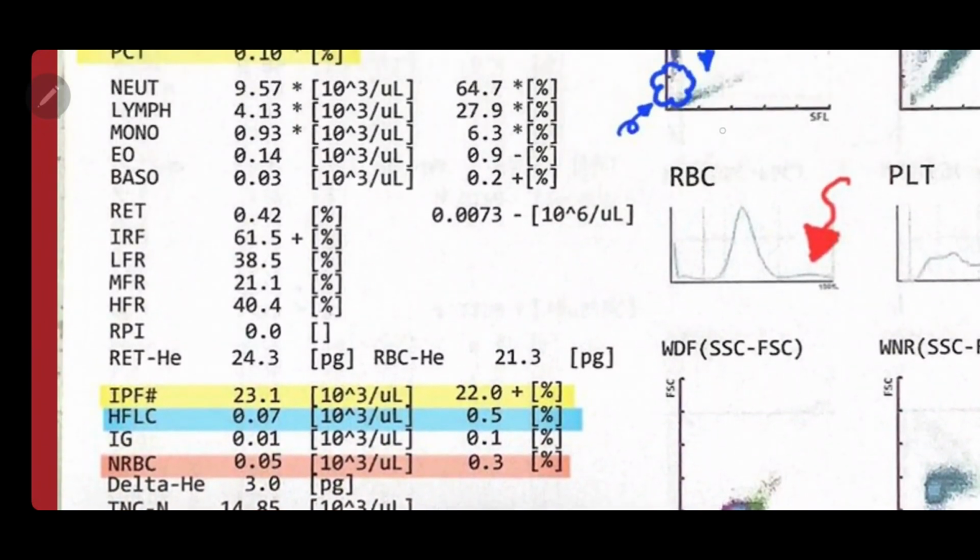For the reticulocyte in this case, it's located in this area. It still seems like there is no production, right? Because the normal range for reticulocytes is 0 to 1.5. However, when we look at HML, we find that the IRF value is higher than 40%.